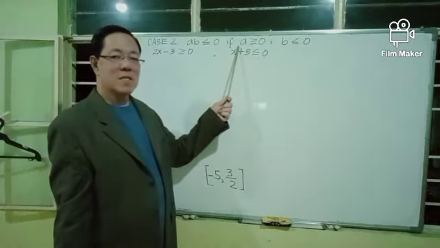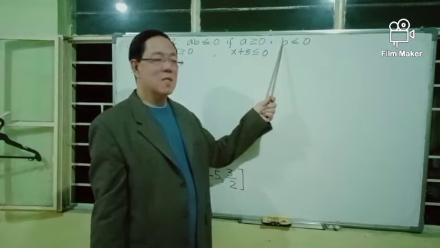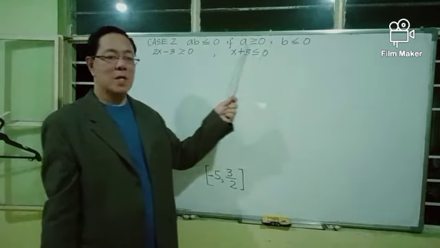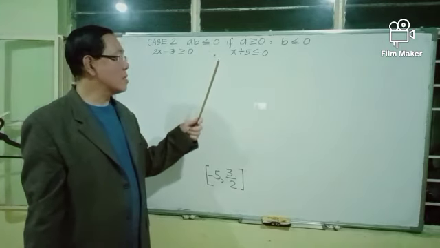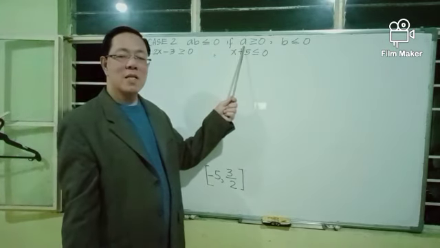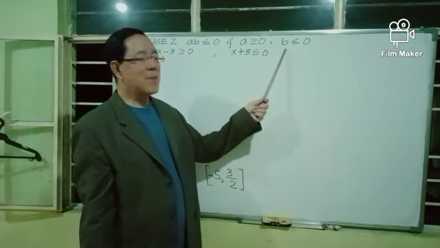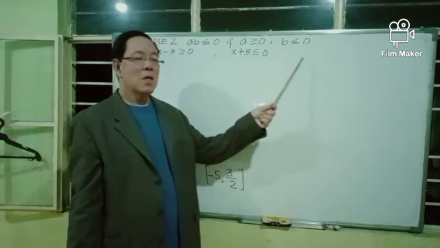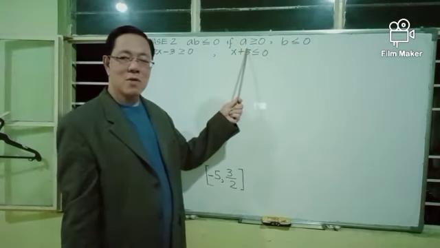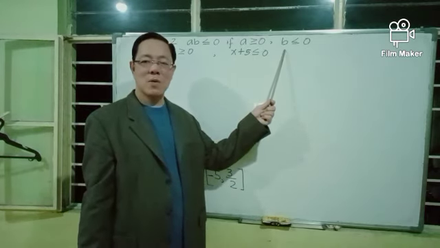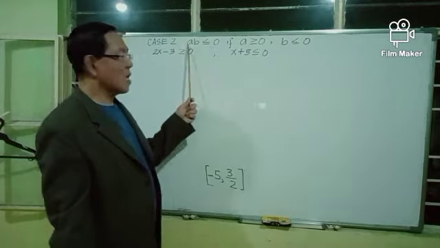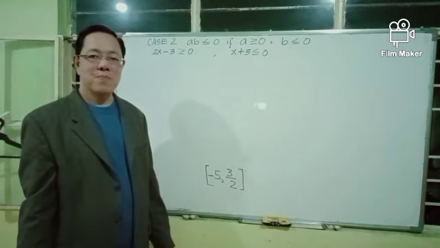If A is positive and B is negative, and you multiply these two real numbers A, B, the product is negative. In case 1, we consider A less than or equal to 0 and B greater than or equal to 0. Because if A is negative and B is positive, the product AB is also negative.